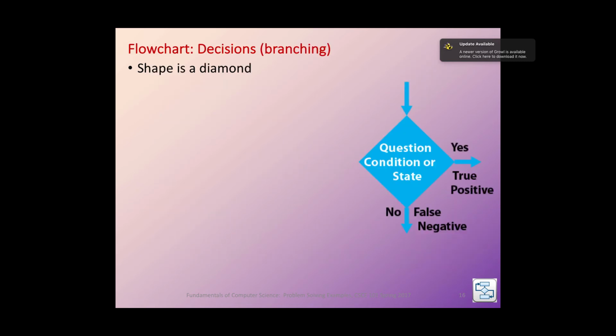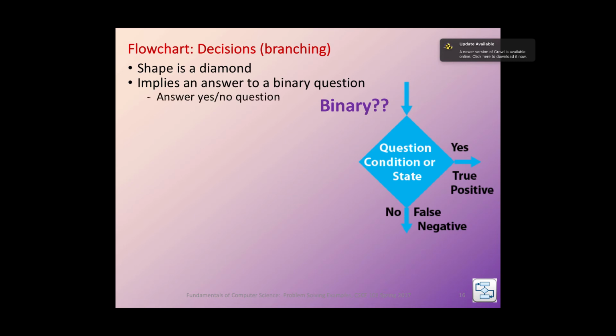Now we're going to talk about how decisions are made, and then we'll see the two structures that actually use decisions. Okay, the shape for a decision is a diamond, and this implies the answer to a binary question. Now, what do I mean by binary? Okay, lots of questions aren't binary.